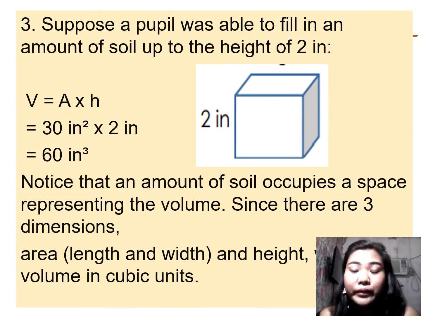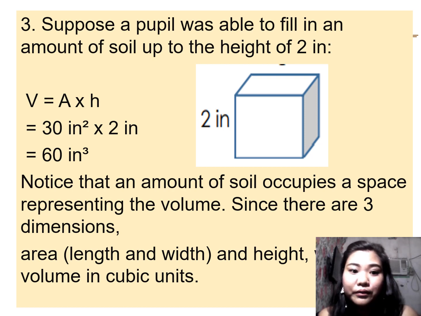Since we know the formula for the volume of a rectangular prism, which is area times height, suppose the pupil is able to fill the soil up to the height of 2 inches. The formula will be volume equals area times height, wherein the area in step number 1 is 30 and the height is 2 inches.